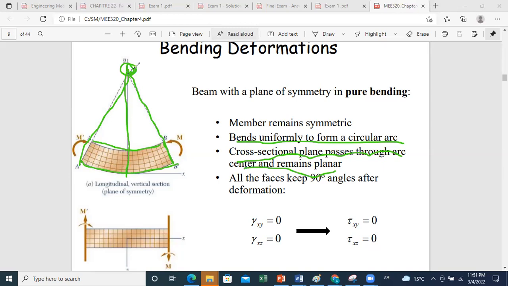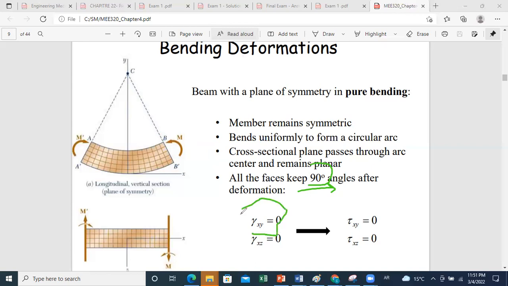And all faces will keep 90 degree angles after deformation. So if you observe your faces, they will not undergo variation in angle. This is why we can say that we don't have any shear strain developed.